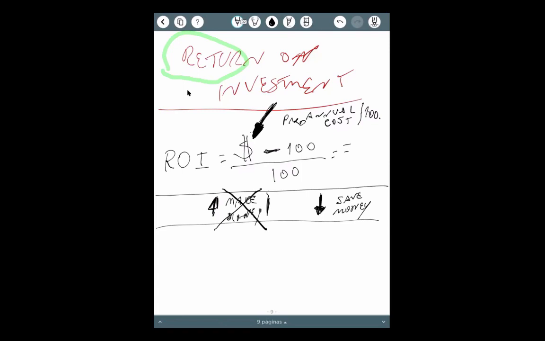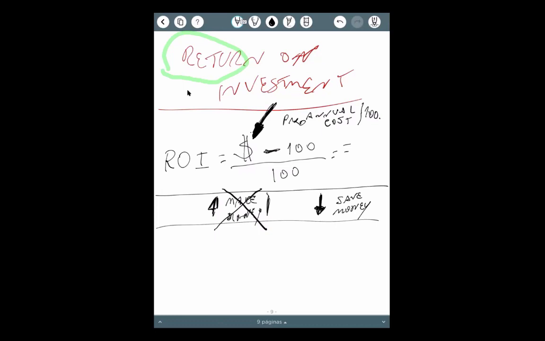Well, what I'm saying is a lot of PMOs, actually most of them, when people create PMOs, they are looking for saving money. So they are looking to centralize functions because they believe that the productivity will be higher, because the results of the projects will be better. So we will do more spending less money, right?